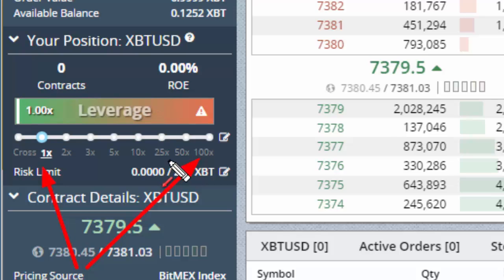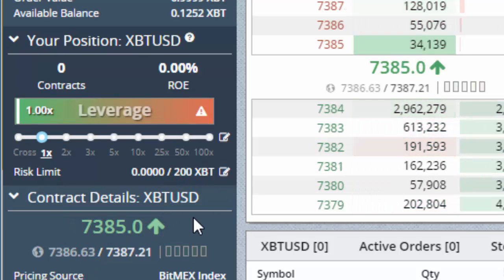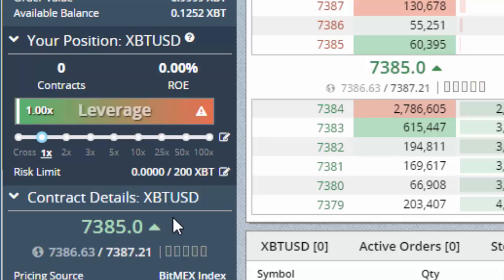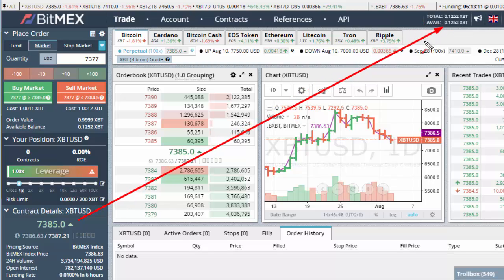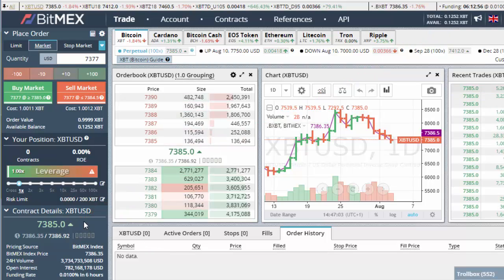So once we've decided that we're going to make the trade and we don't have sufficient funds, and I certainly don't in this account at the moment, you can see that the market's trading at 7,385. In this account at the moment, we've just got over $1,200. So you can see I don't have enough to trade the full amount of Bitcoin, and yet I can by borrowing up to 10 times leverage on the exchange and doing this trade.